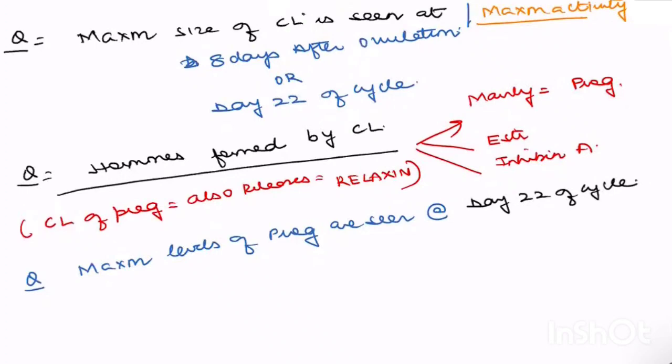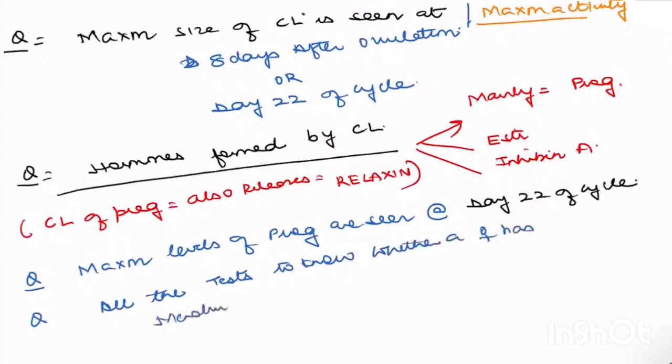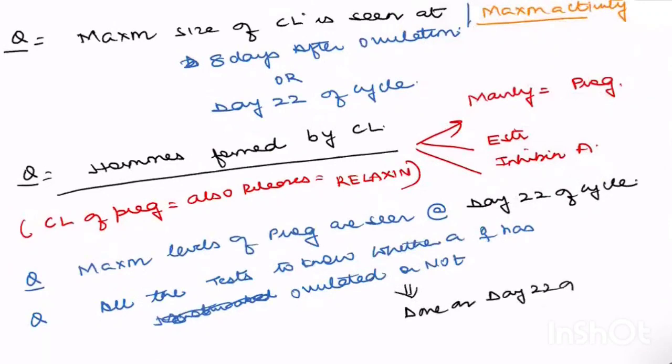Clear? So the next question is, all the tests to know whether a female has menstruated or not. Sorry, whether a female has ovulated or not, they will be done on day 22 of the cycle.